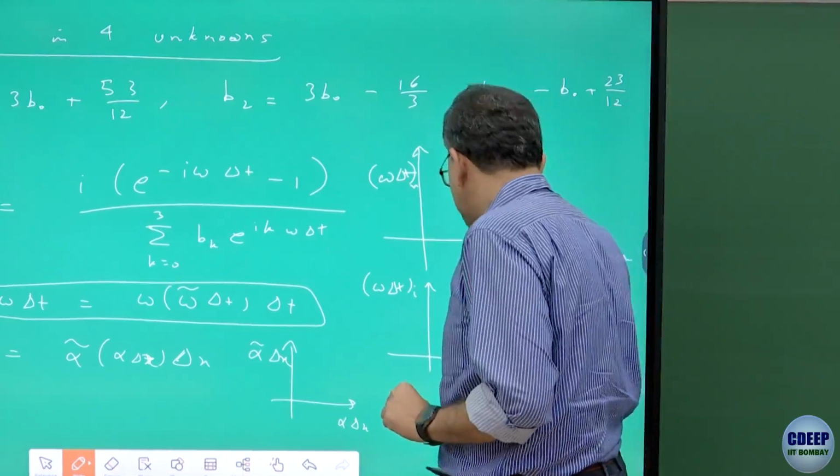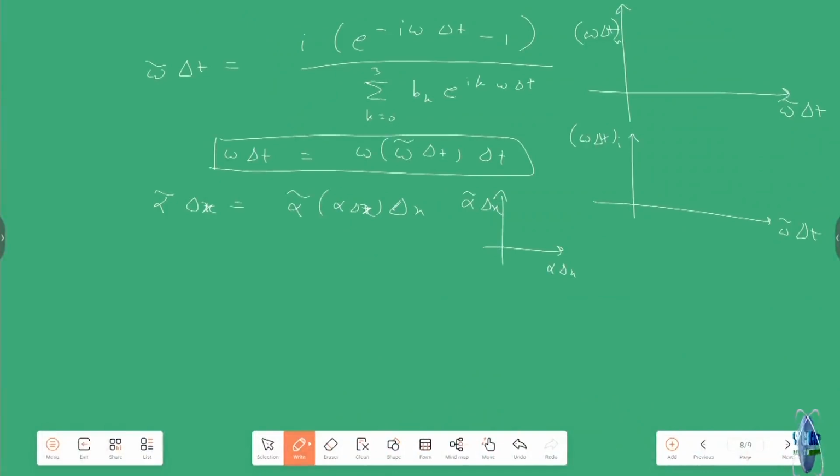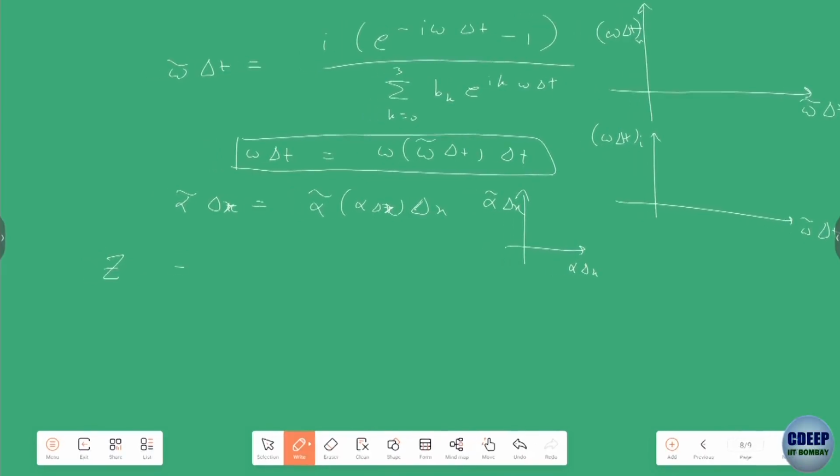That is the output variable. So let z be e to the power i omega delta t, and this is the output variable, the dependent variable.